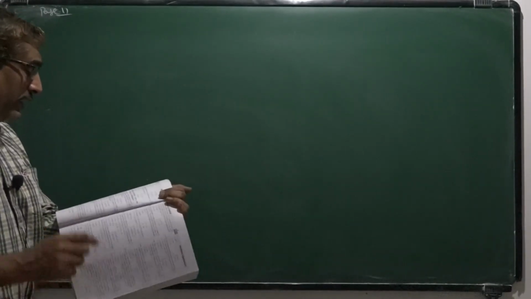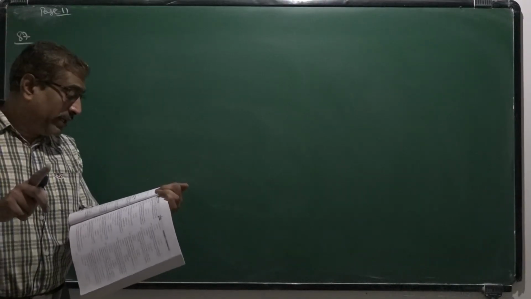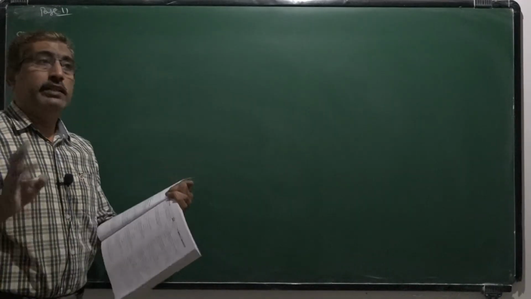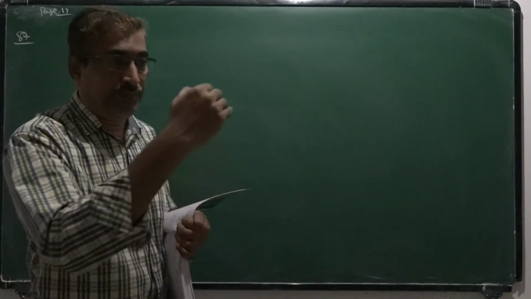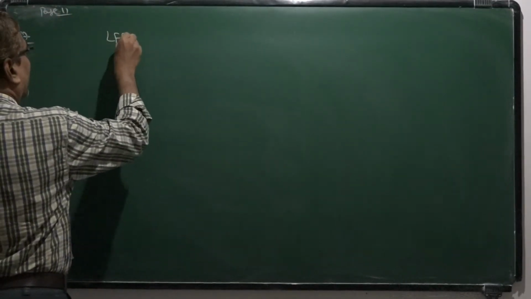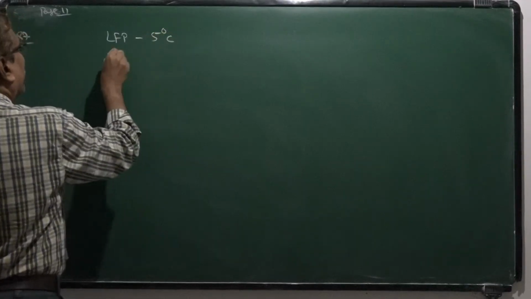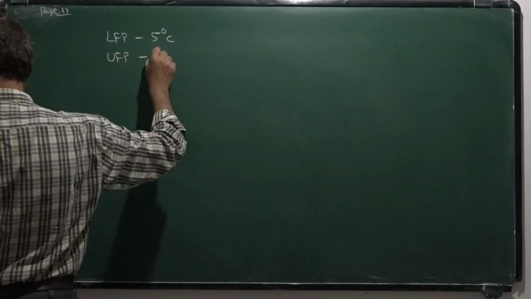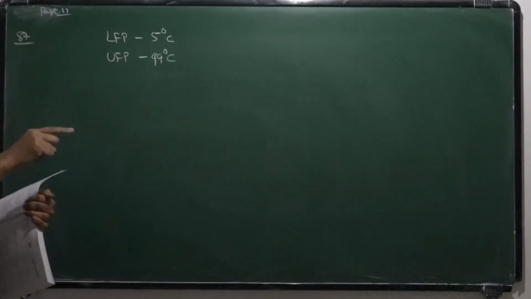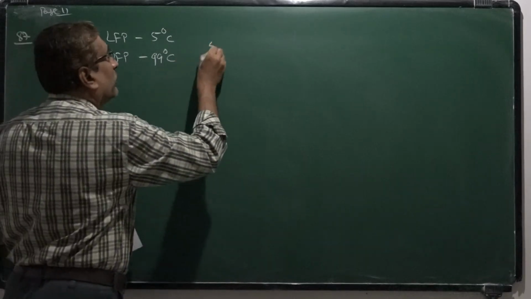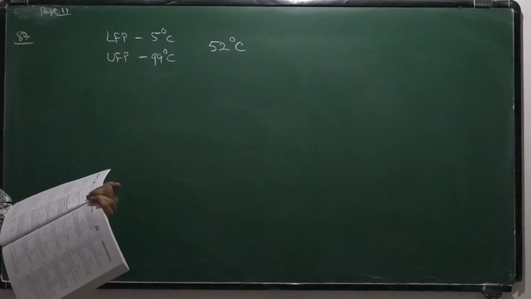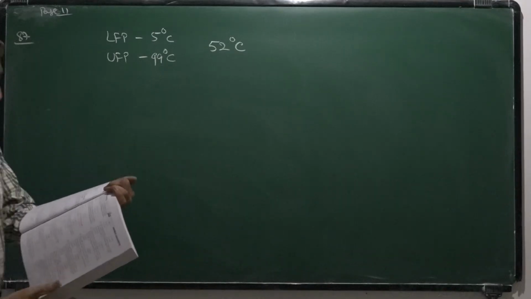Here the faulty thermometer reads 5 degree in melting ice and 99 degree in dry steam. That means for this faulty thermometer, the lower fixed point LFP is 5 degree centigrade and the UFP is 99 degree centigrade. Now this scale reads 52 degree centigrade. Then what is the correct temperature on the Fahrenheit scale?